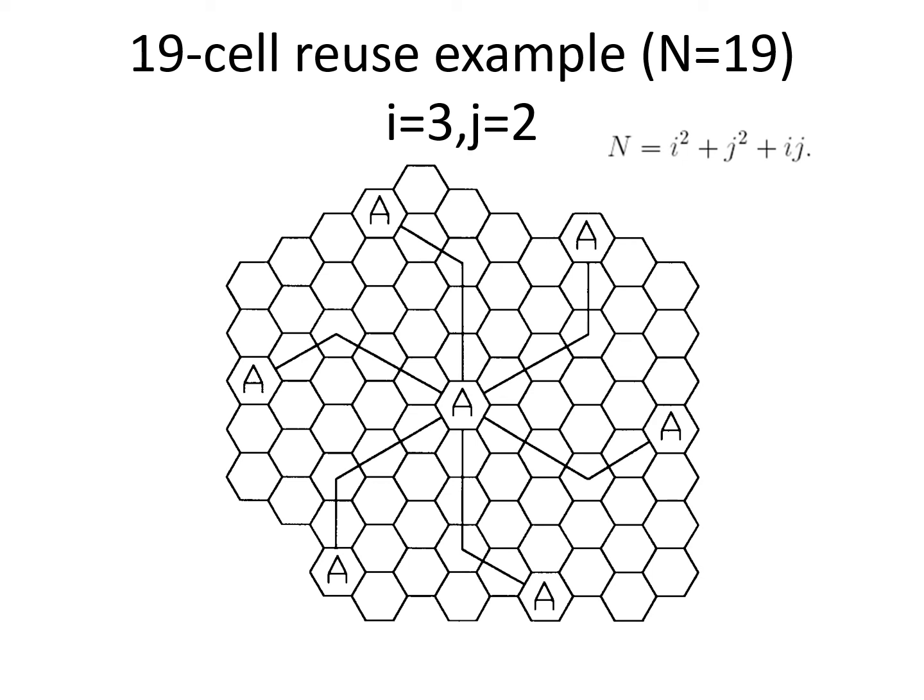So according to this example, we move a distance of 3 starting from the center line point of the hexagon, then move 30 degrees clockwise and move j distance, that is 2 units, to reach the other co-channel cell.